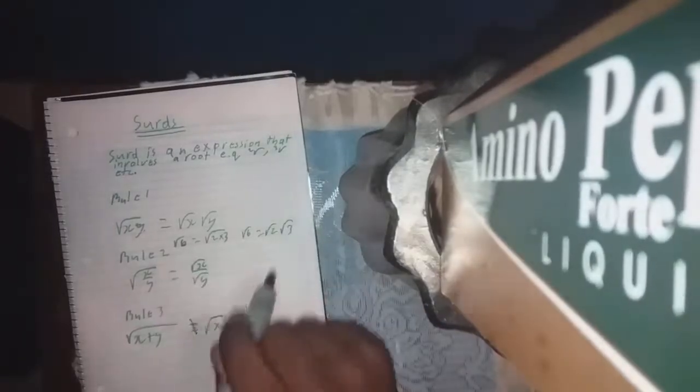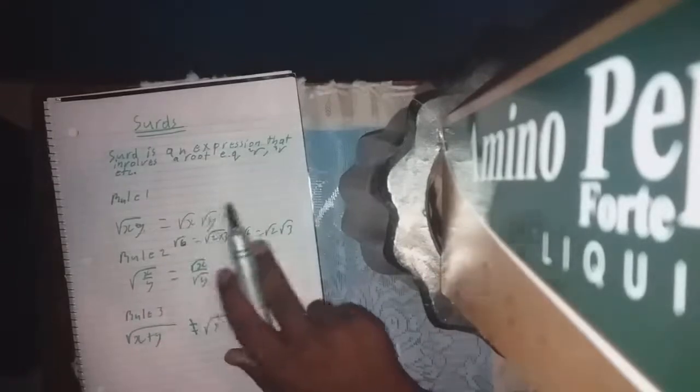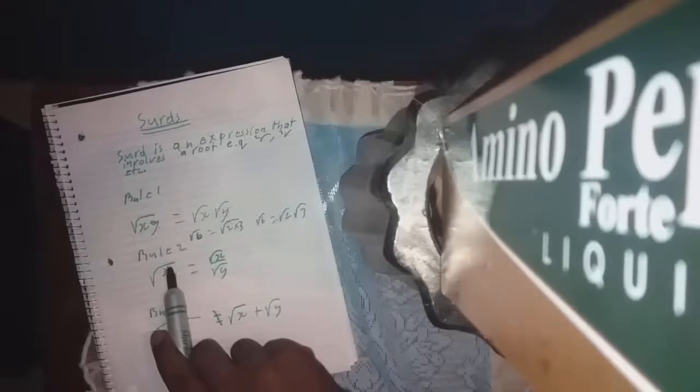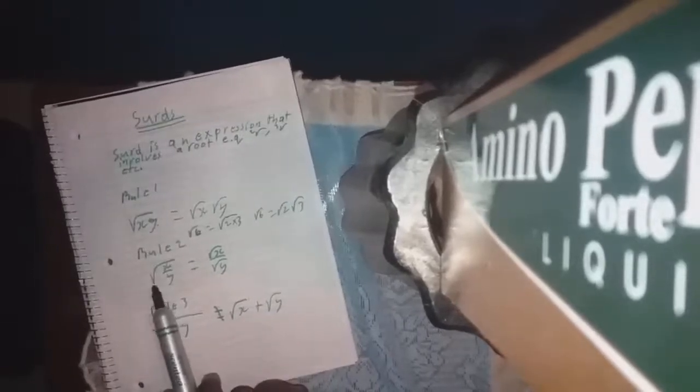And you can go ahead and test it on your calculator and you'll see that it's true. Your next rule says the root of x over y is equal to root x over root y, similar to the first one but with division.